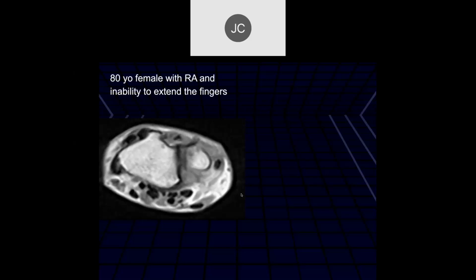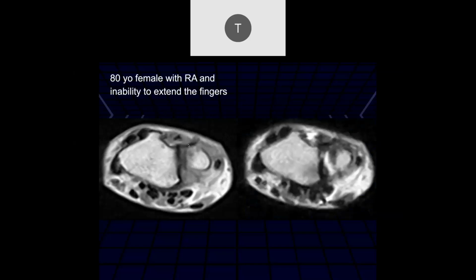Yes. Okay. All right. 80-year-old female with outright inability to extend the fingers. It looks like the fourth and fifth extensor compartments, the extensors look like they're absent. Yeah, there's one, and then there's some ulnar subluxation of the extensor carpi ulnaris as well.